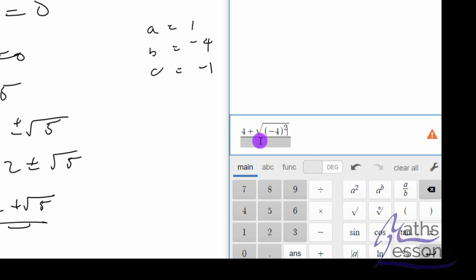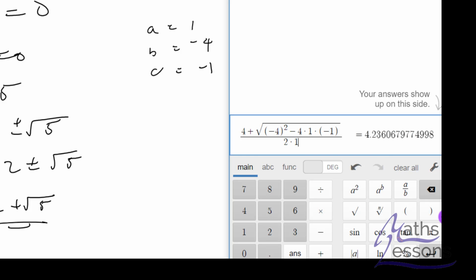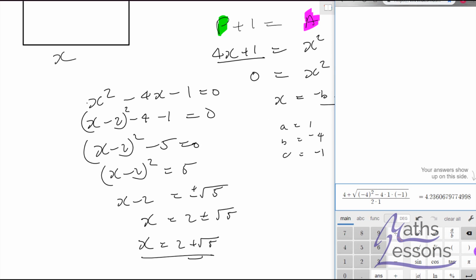Always put your negative numbers in brackets, otherwise the calculator, when you square it, doesn't square it properly. Then minus 4 times, notice a dot is times in Desmos, 4 times a times c, so it's times 1 times minus 1. Again, I'm going to put it in brackets just as a habit, although it doesn't make much of a difference here. And then I'm going to divide by 2 times a, and that gives me the answer of 4.23.